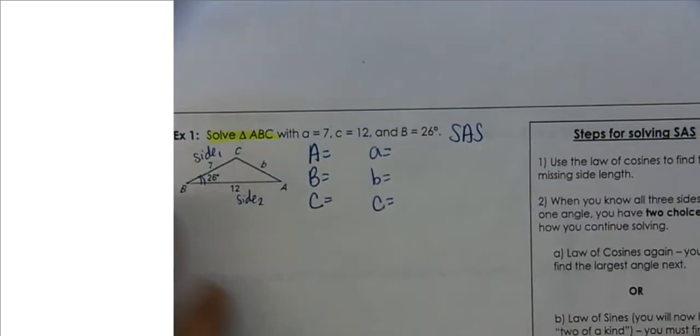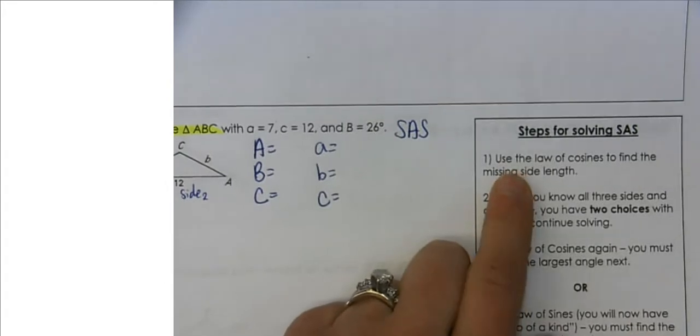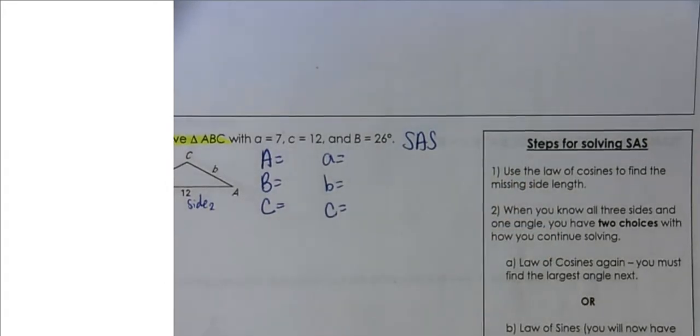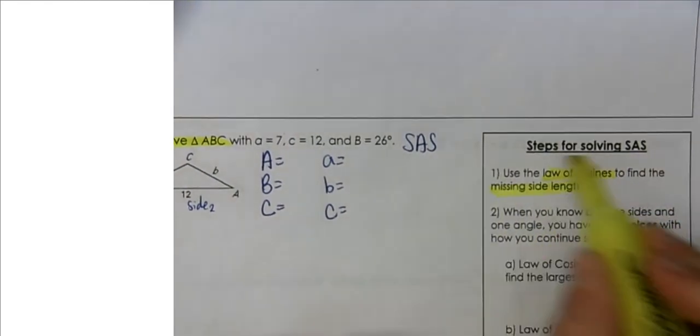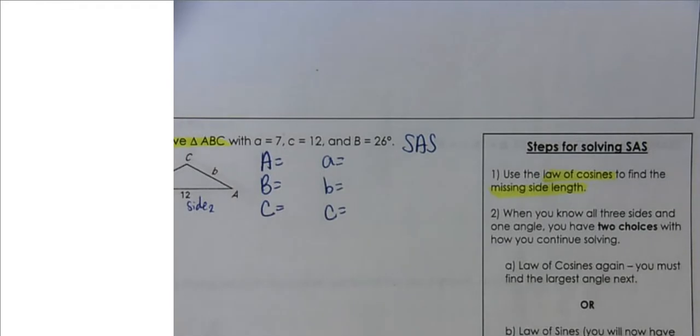So step number 1 is we use the law of cosines to find our missing side length. So that's what we do first.